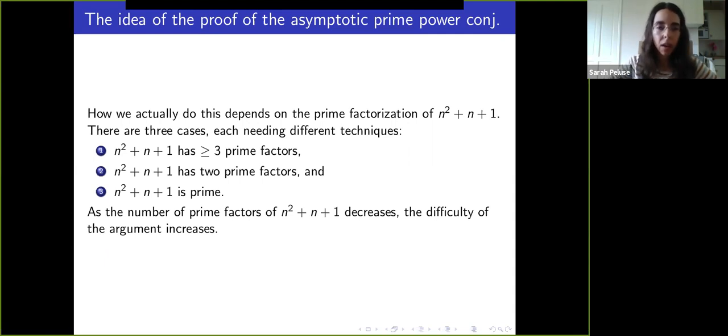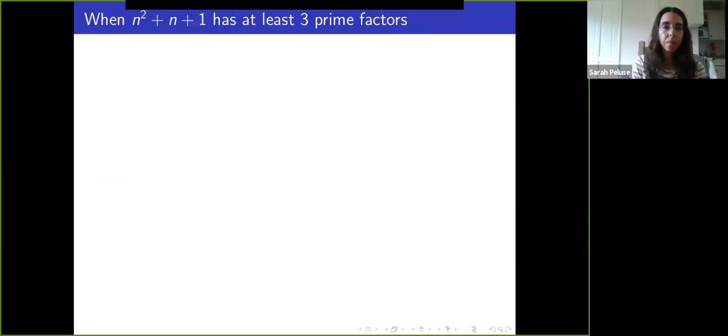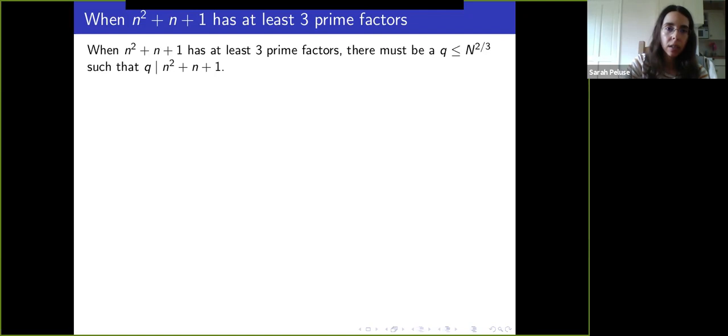So I'm going to go through first the case when n squared plus n plus 1 has at least 3 prime factors. In this situation, clearly n squared plus n plus 1, since it has size at most about n squared, always has a prime factor below n to the 2/3.